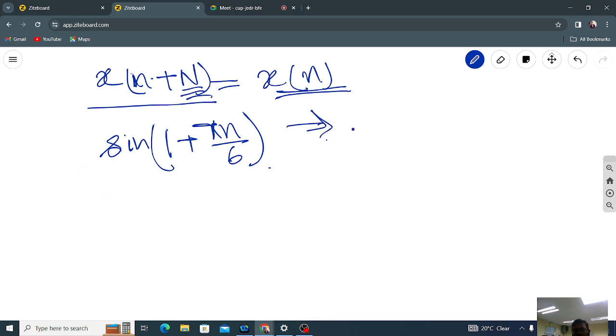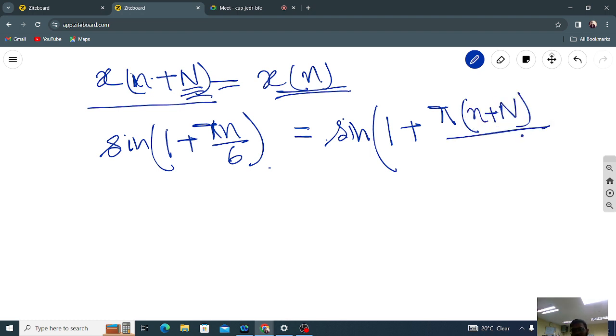It should be equal to what? Sine of 1 plus pi times n plus N by 6. Why is it so? Because this n should be added with plus N. We have only replaced that here. All the things will be the same, so both the signals will be the same.